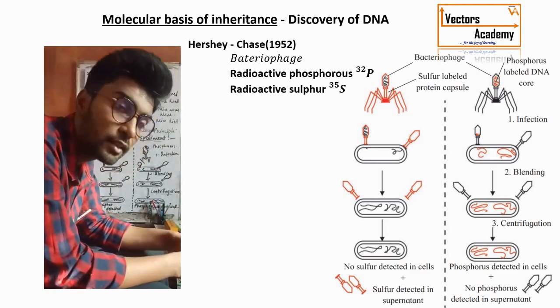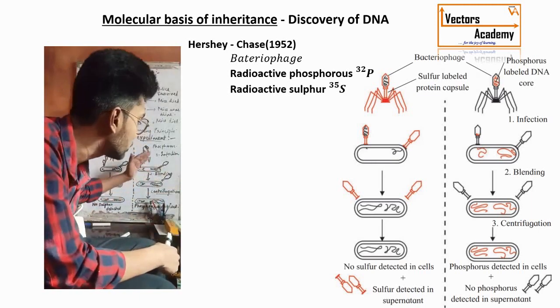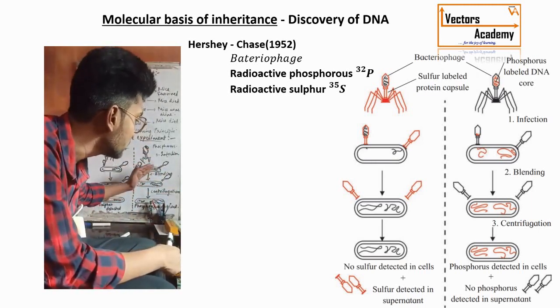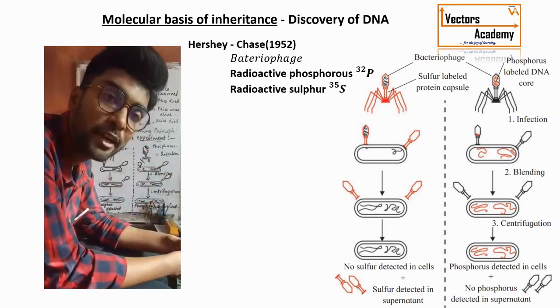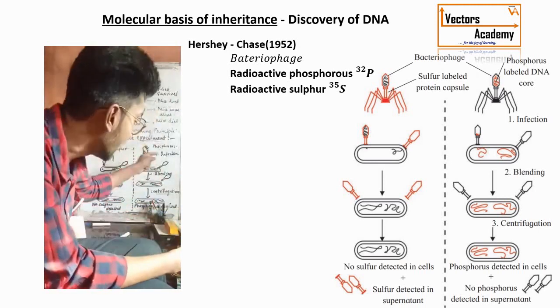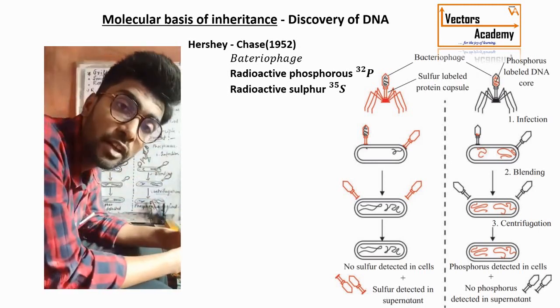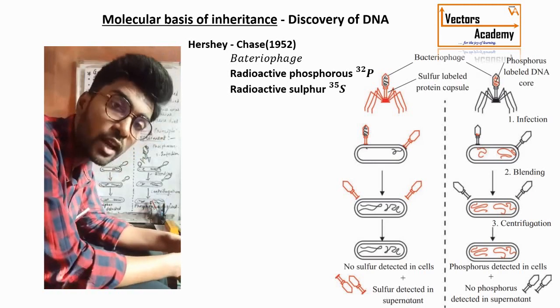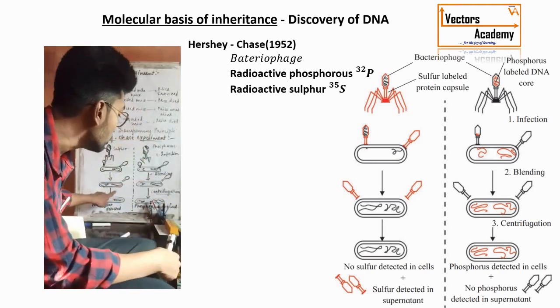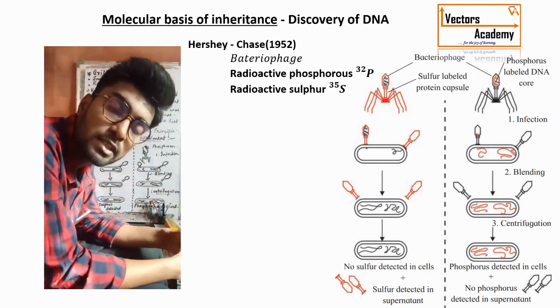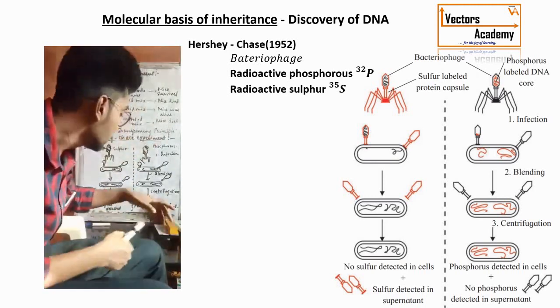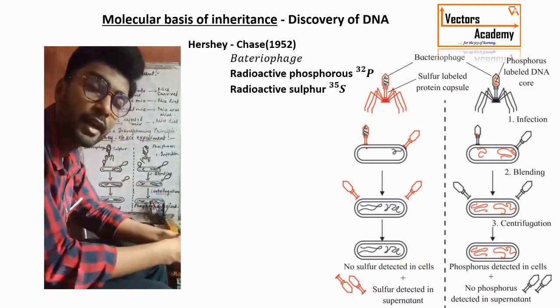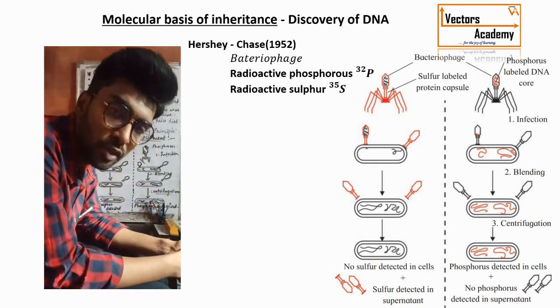It was seen that the radioactive DNA from the radioactive phosphorus medium had the ability to penetrate inside the bacterial cell, the Escherichia coli cell, right? But the radioactive protein from the radioactive sulfur medium did not penetrate inside the bacterial cell, right?